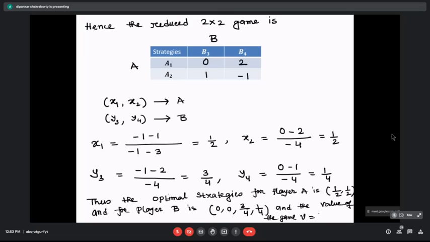That is -2 divided by -4, which is half. Okay to you? Is it okay?